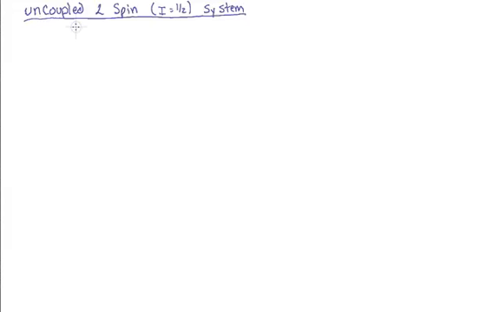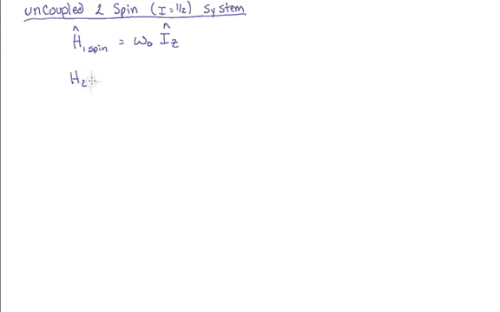Okay, we're going to review an uncoupled two-spin system. So for a one-spin system, to remind us, a one-spin Hamiltonian, we would typically write that as omega, the IZ operator.